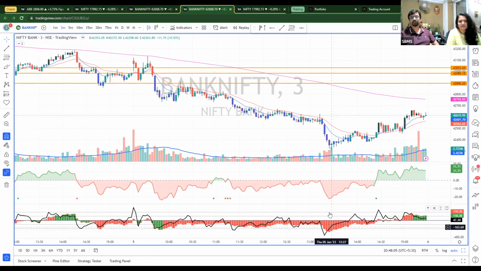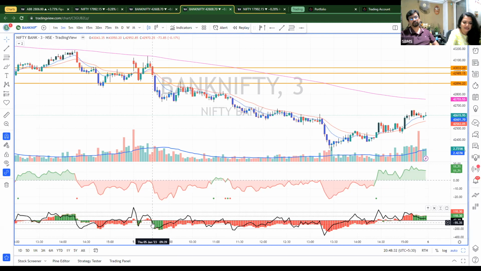First thing I'll tell: whenever the candles are closed below all the moving averages, this is for a sell setup. When the OCC is in red zone, and along with that, Woody's indicator, this black line, is below the zero line.